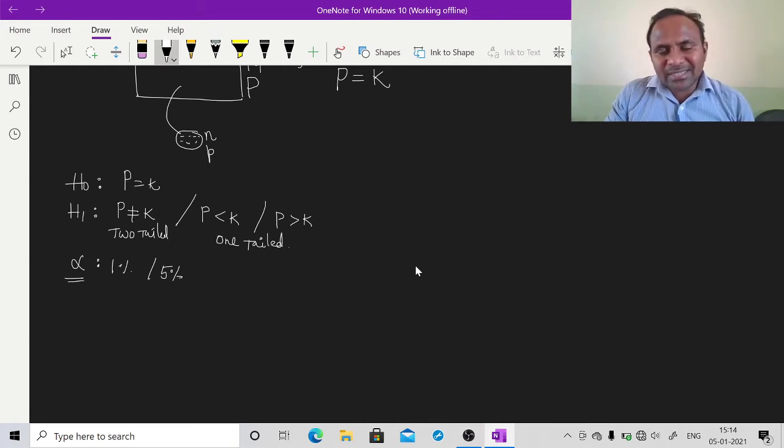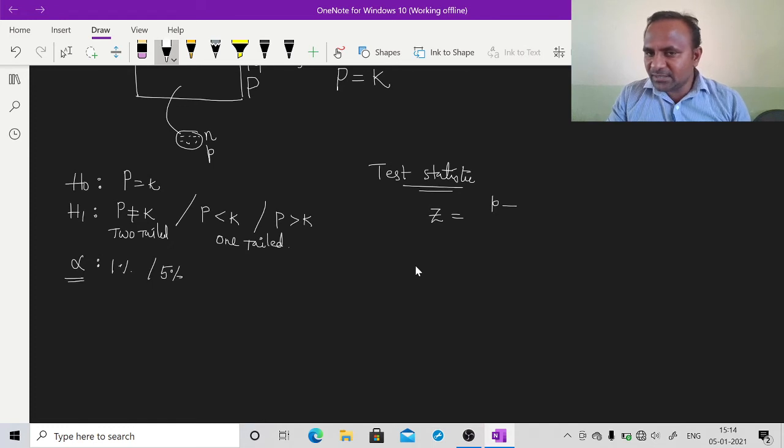And then the test statistic we use is the sample statistic minus the expectation of the sample statistic, which would be the population proportion, over the standard error of this statistic, which would be the square root of P into 1 minus P over n.